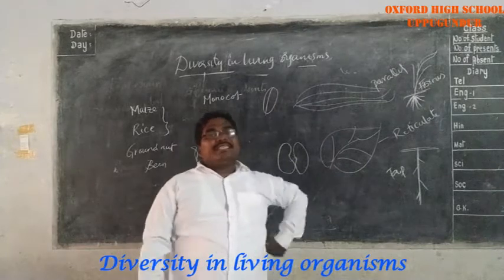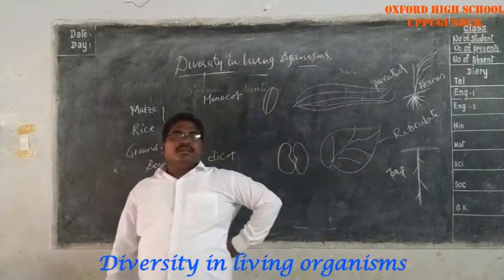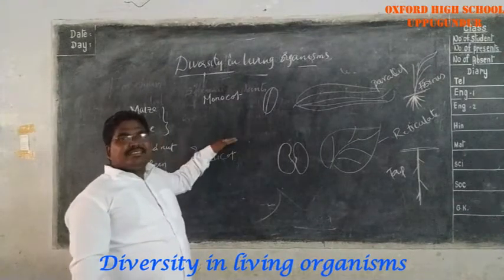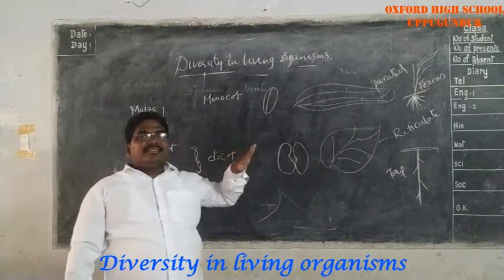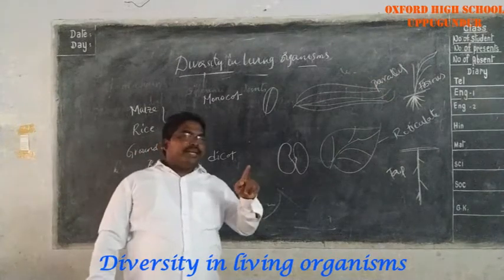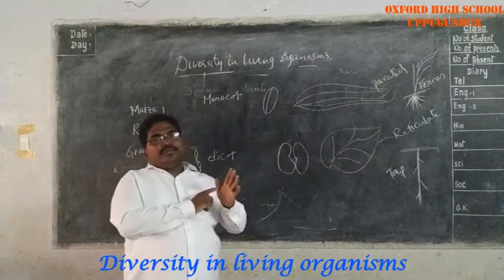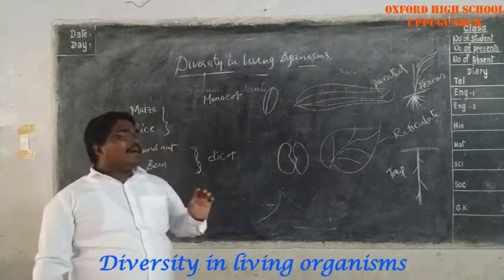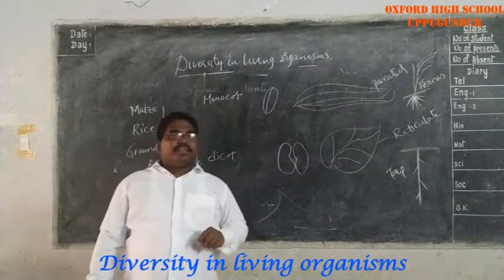Even if you take the examples of human beings, take your classmates. Okay, now measure their heights and length of the hands. Okay, now length of the fingers, broadness of the palm, and measure all these things. No one has similar measurements.